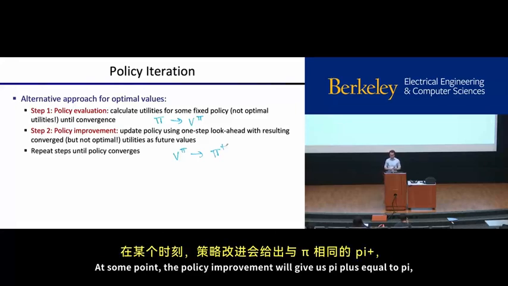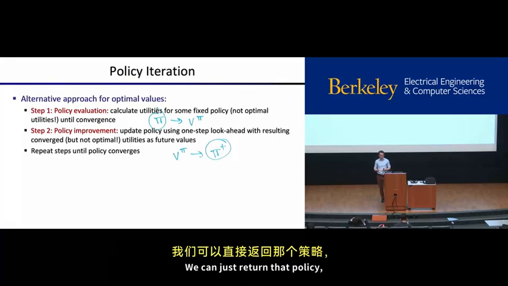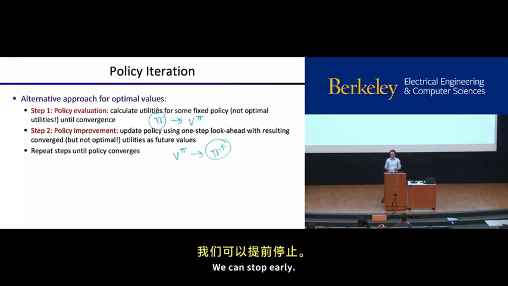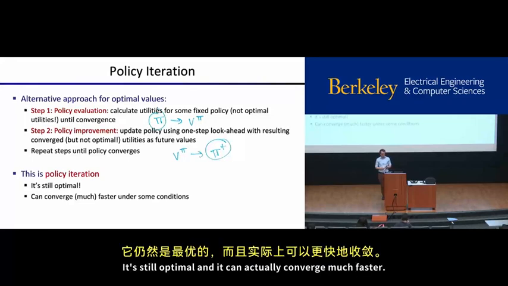At some point, the policy improvement will give us pi plus equal to pi, and then we can stop. So if this process doesn't change the policy, we're done. We can just return that policy, and we haven't even needed to wait for the value function to converge. We can stop early. Okay, this is called policy iteration. It's still optimal, and it can actually converge much faster.